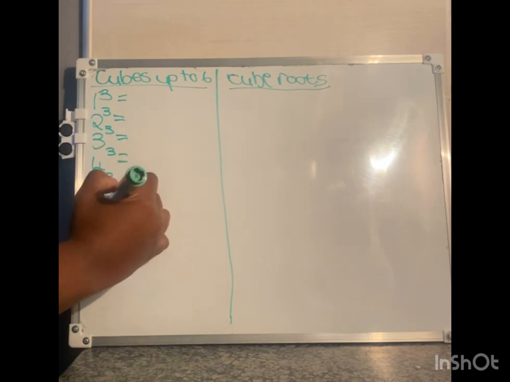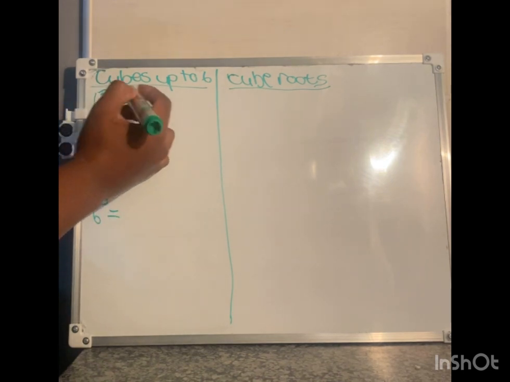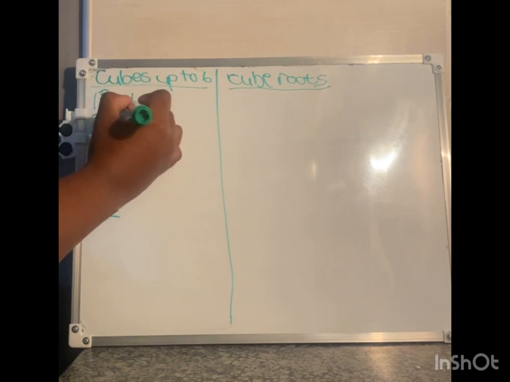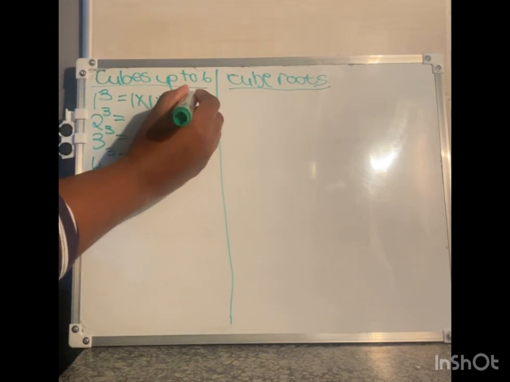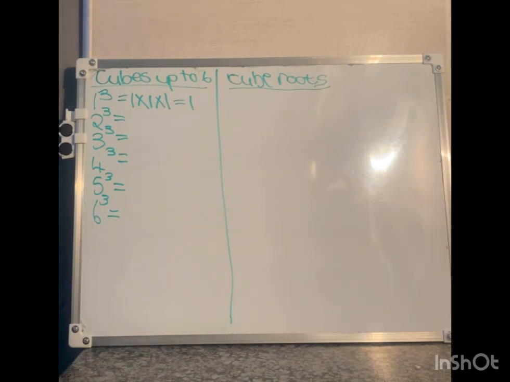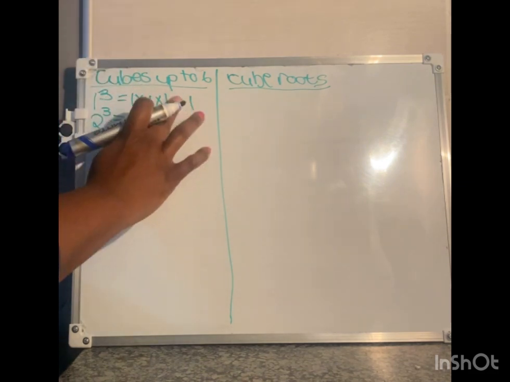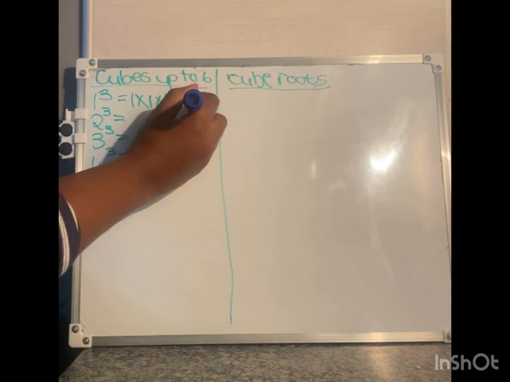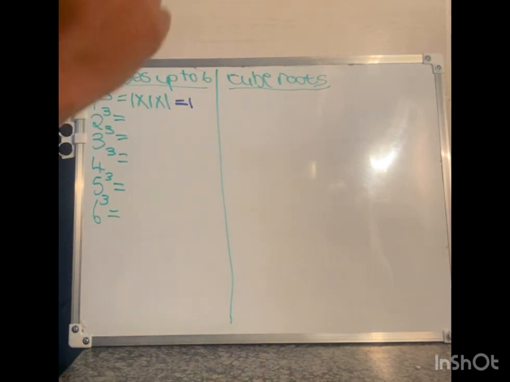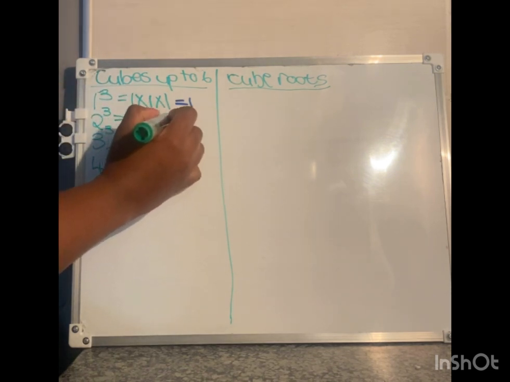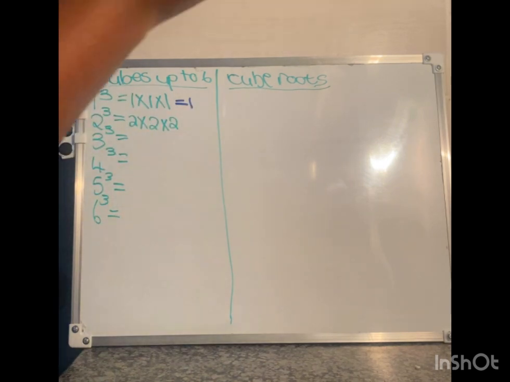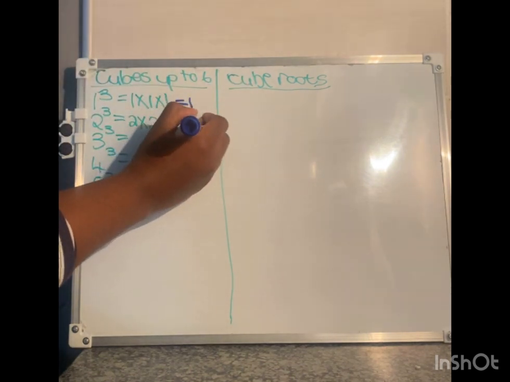So what does this mean? 1 cubed equals 1, a number, multiplied by itself and multiplied by itself again, which equals 1. 2 cubed equals 2, a number, multiplied by itself and multiplied by itself again, which equals 8.